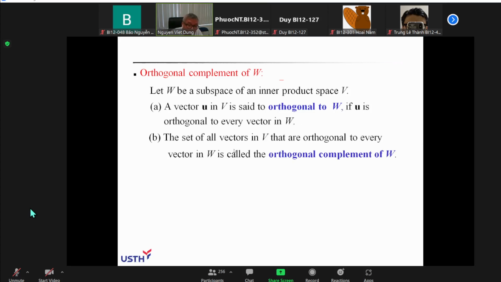If you consider the set of all vectors in V which are orthogonal to any vector inside W, then we get what we call the orthogonal complement of W. That is the name we need to define. Orthogonal complement of W, in Vietnamese, phần bù trực giao of W.